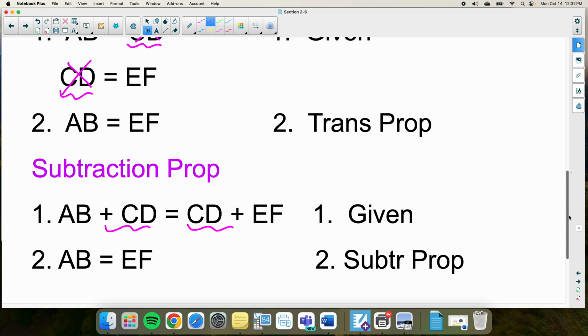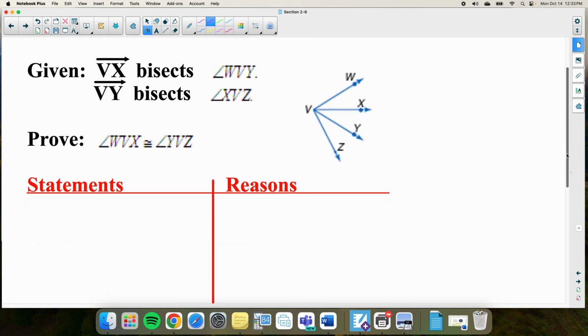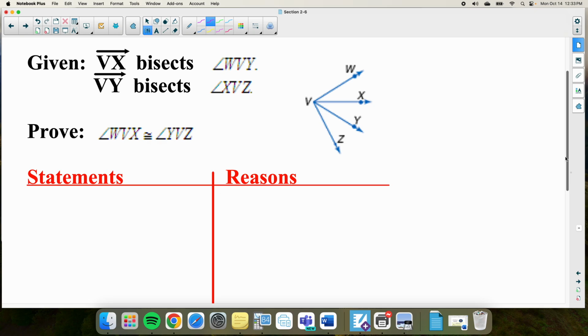Okay, let's go here. So here's a proof with angle bisectors. So let's copy down the given first.